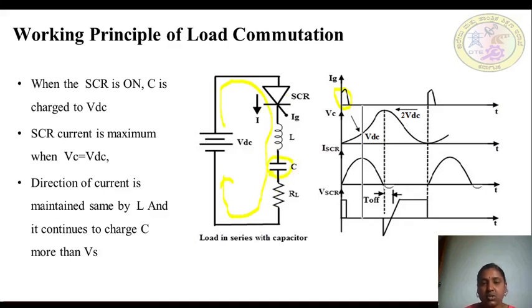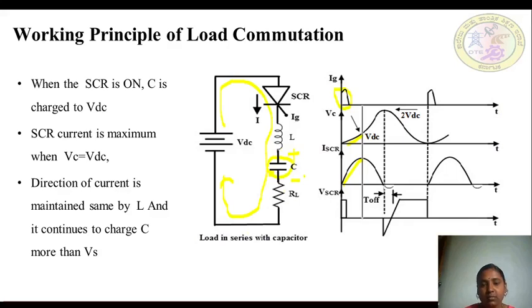The capacitor starts to charge in this direction, positive and negative, and the capacitor voltage builds up. Current is flowing through the inductor. The SCR current and the inductor current are both the same because they are connected in series in the circuit.